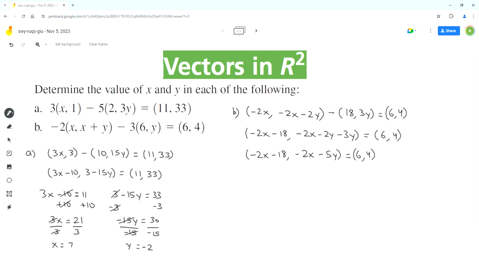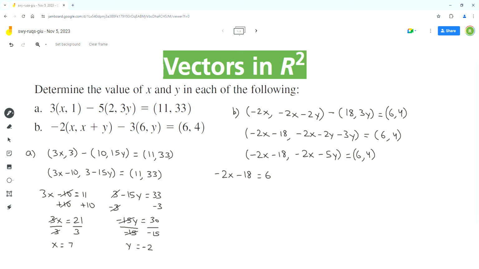Now these vectors will be equal to each other if their x components are equal to each other and their y components are equal to each other. So we can start by writing an equation for the x component. Now we can solve this equation to find the value of x.